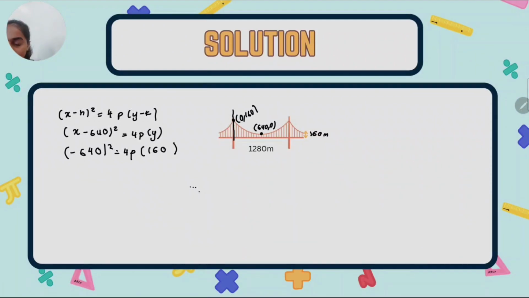Now we can find the value of p, and divide both sides by 640.